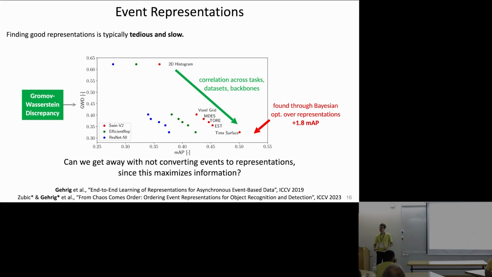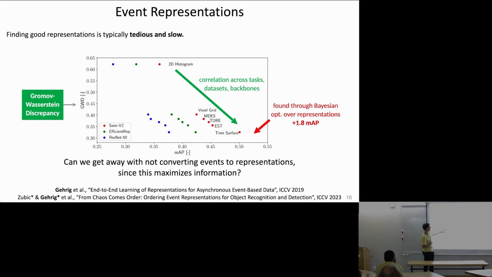So you keep the network architecture the same. You just optimize the hyperparameters that convert the raw event data to frames. Yes. And go to the right on this chart. So what I'm plotting here is different representations. You saw before a picture of different ones.